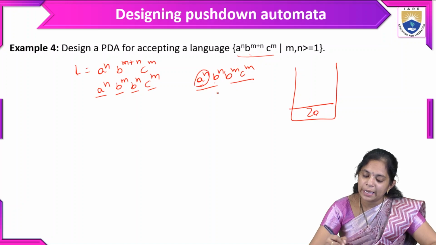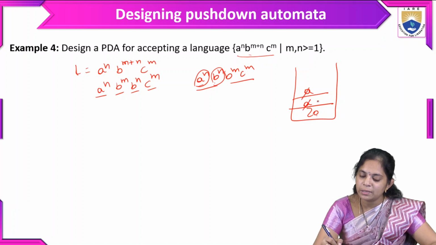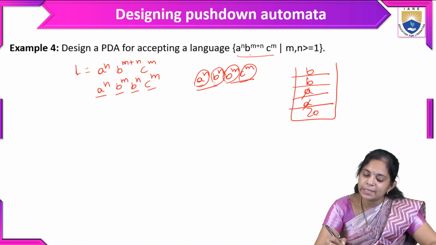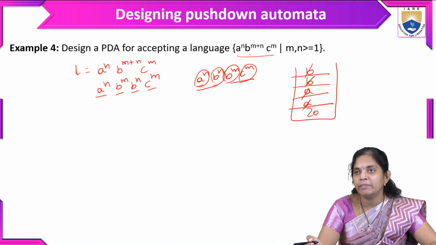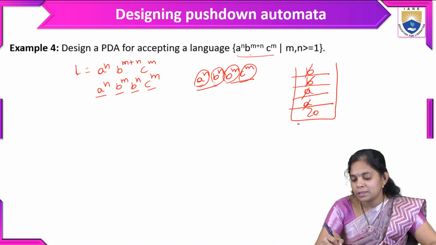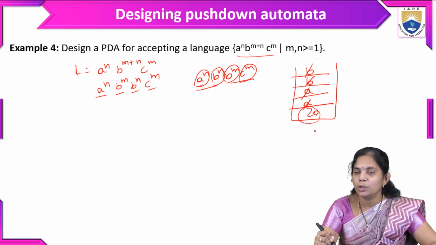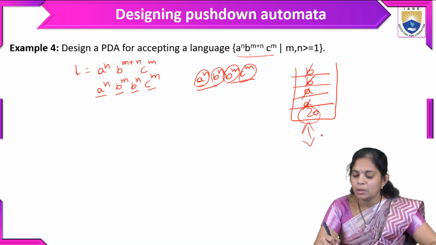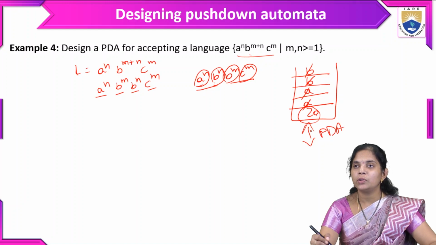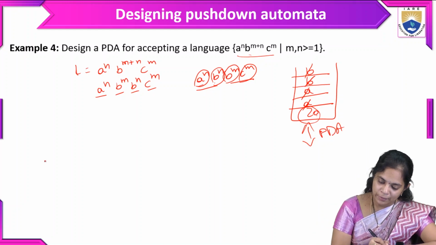For reading A, we push A, and while reading B, we pop these A's, and again we have the value B. So we need to push the values of B, and then while reading C, we pop the B values. Then the top of the stack symbol is again Z0, so it is accepted by the pushdown automaton. For this logic, we need to construct the transition diagram.